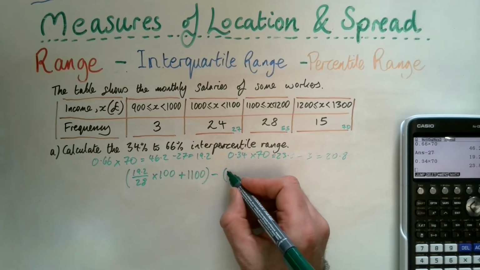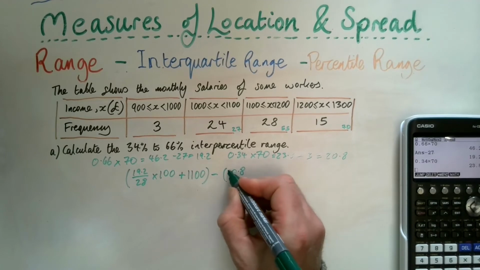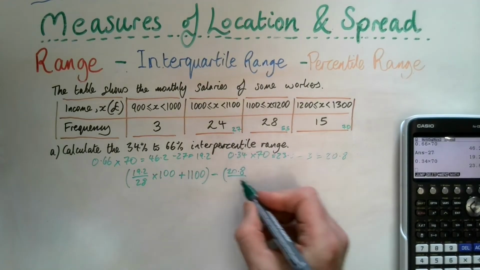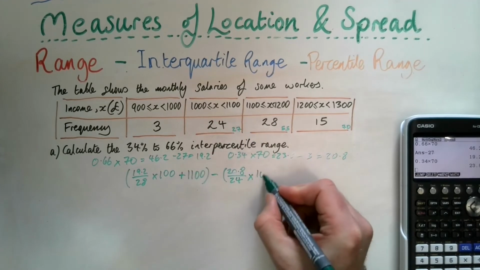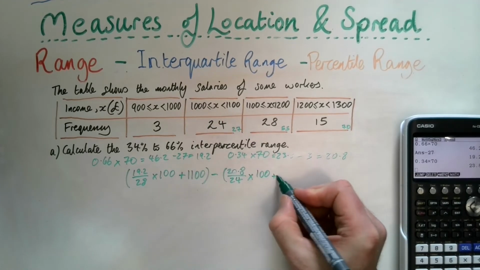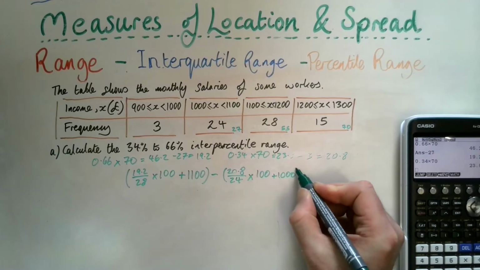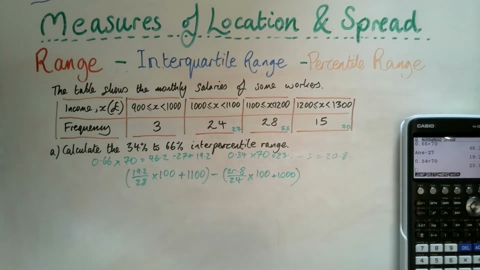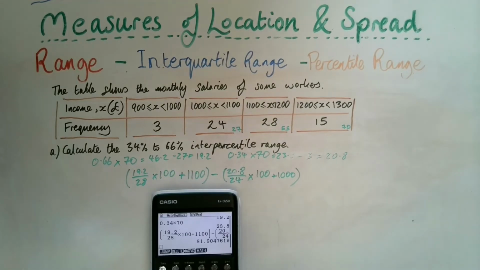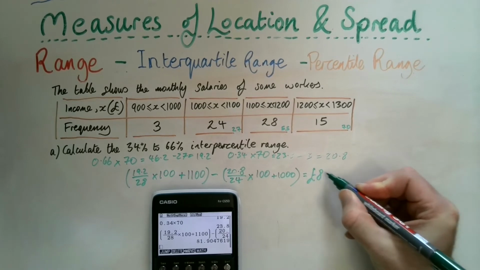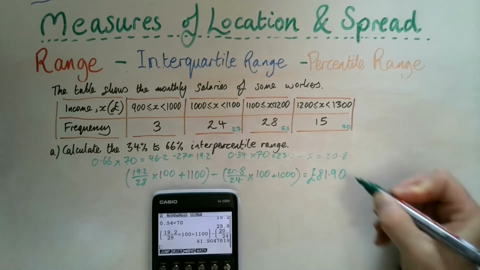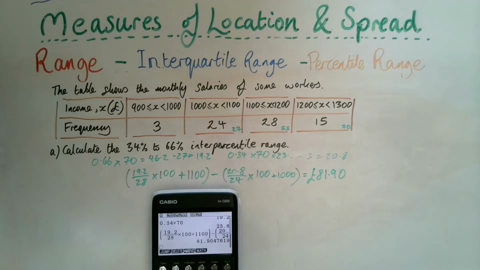So we want 20.8 out of the 24 that are in there. Again, the width is 100, but our starting point is 1000. And then we whack all of that into the calculator, which should give you 81.904, and with money you always round to the nearest penny, so that's £81.90. Now we do have one more question coming for this.